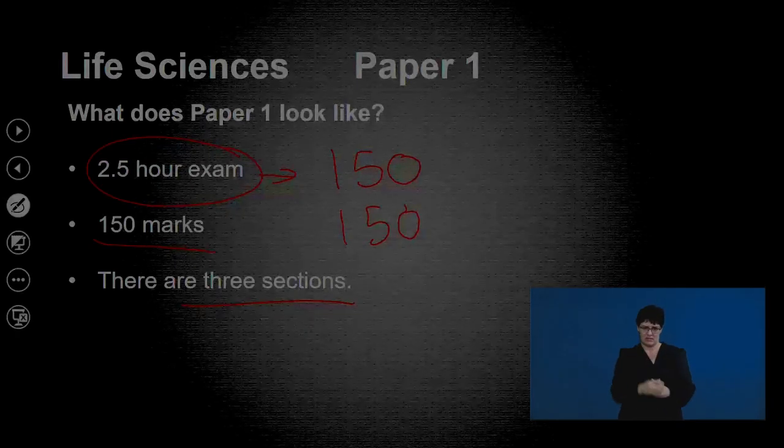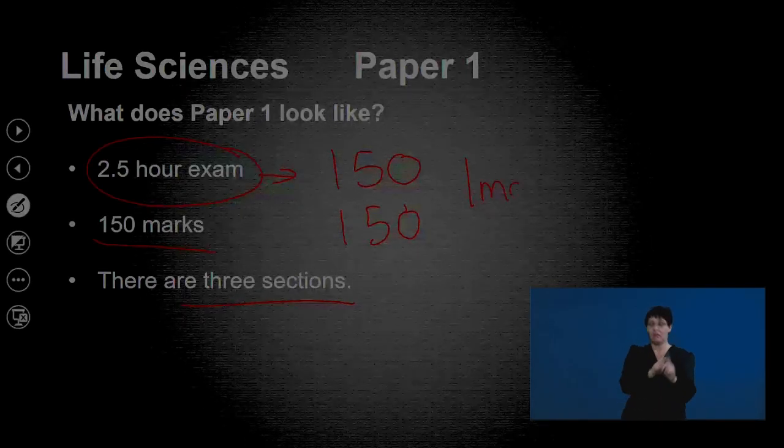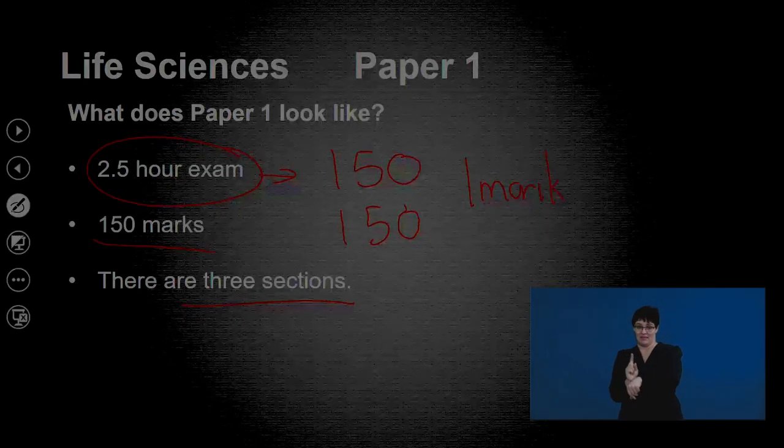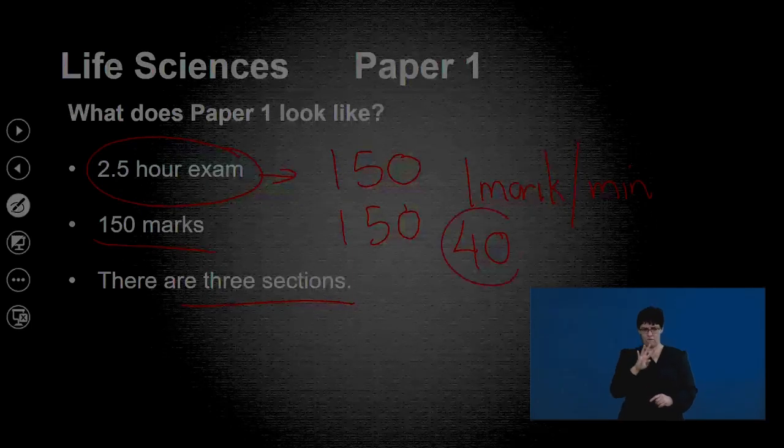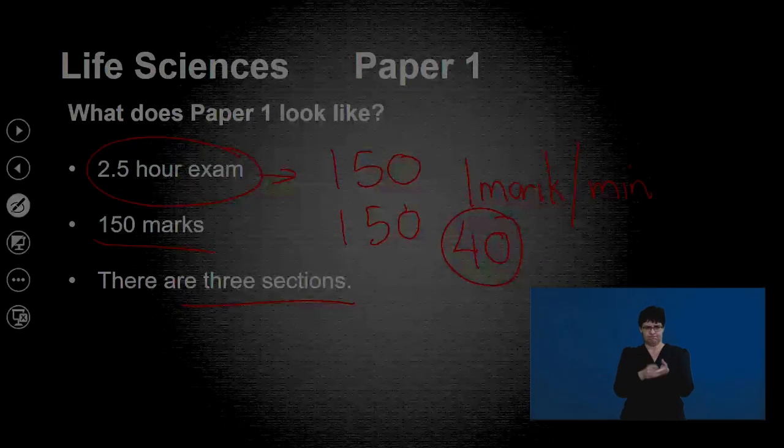You're bright, and you know that that's a ratio of a mark per minute. So you've got to think about exactly how long a 40-mark question should take you, and if you do the maths, it should take you 40 minutes.